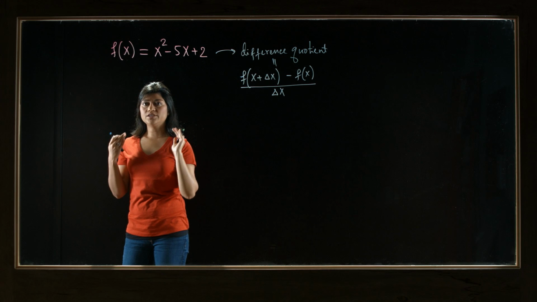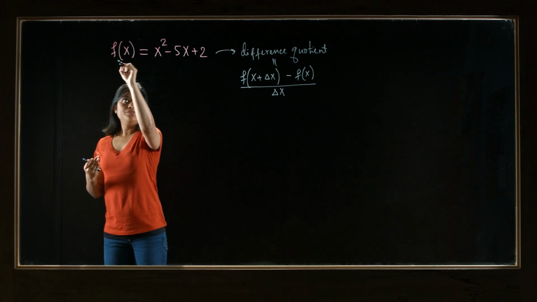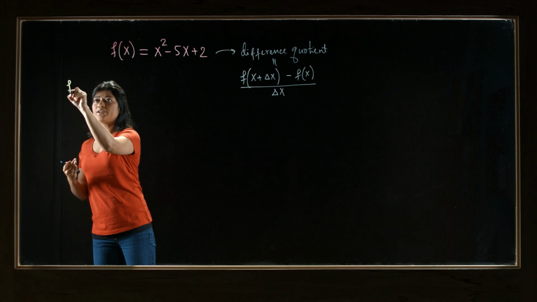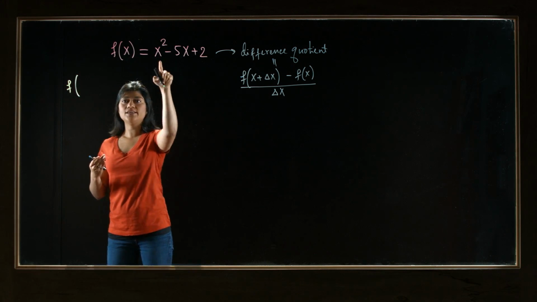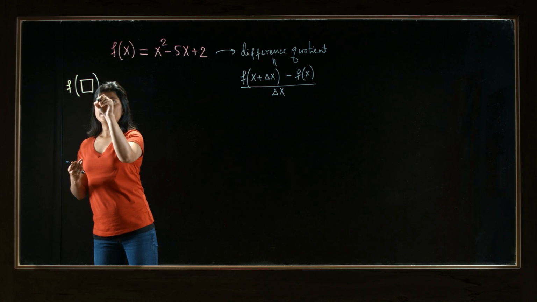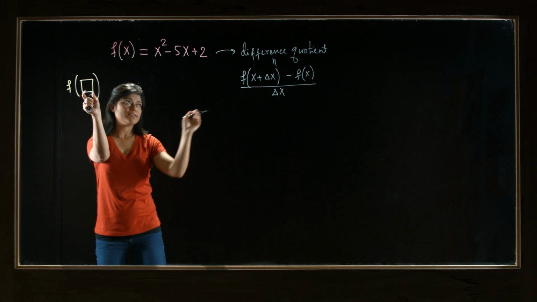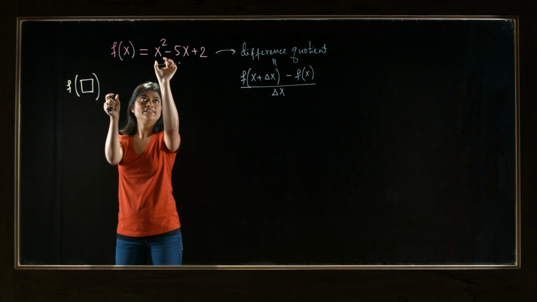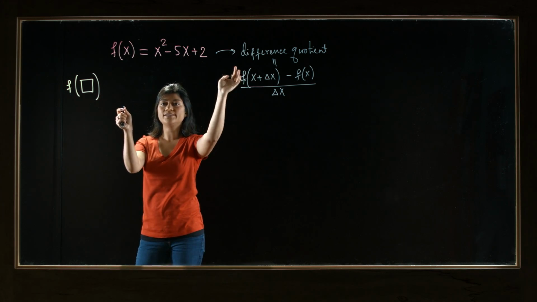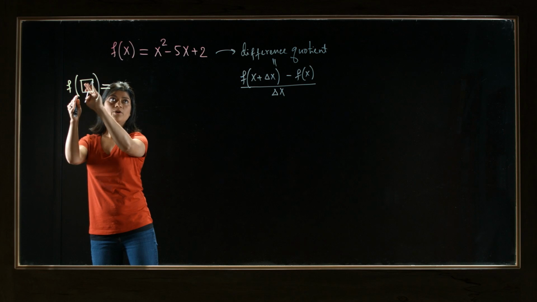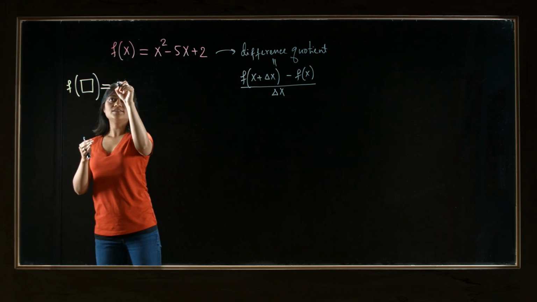So, you should think of it this way. When you have the function written this way already, consider that wherever there is x, there is an empty box. And then, whenever you plug in this expression in that empty box, you will plug in that same expression in each of the empty boxes on the right-hand side. So, instead of x, I write an empty box, and the right-hand side is the same way.